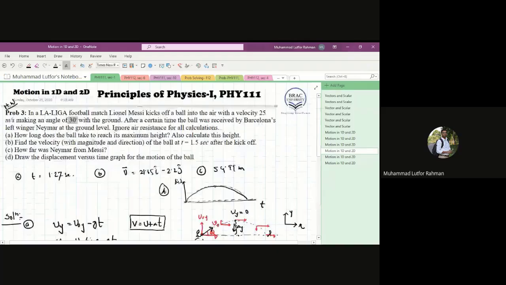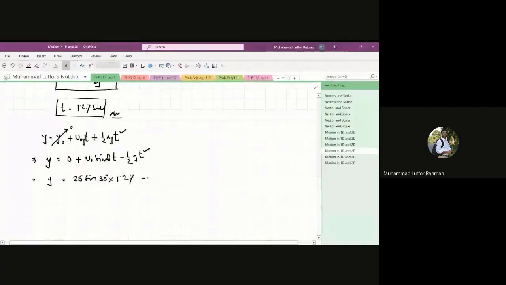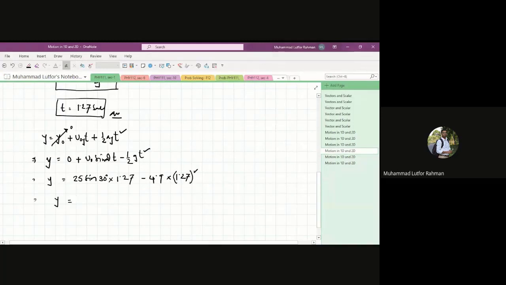T I found is 1.27 seconds, minus 4.9, because g is 9.8 divided by 2, into 1.27 square. Then you can find this y is basically 7.99 meter. This is one way you can do that.